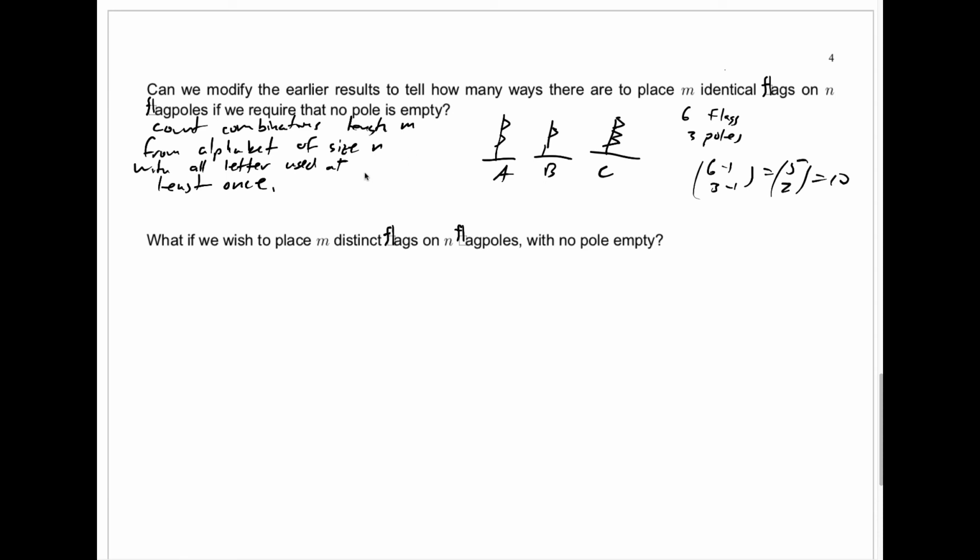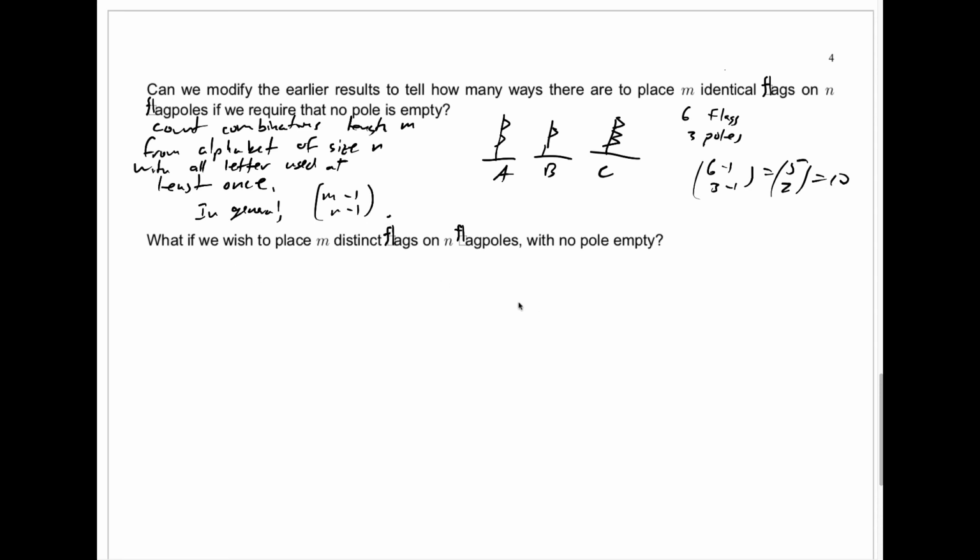How can we do this in general? To answer this question on the left, it's like counting these combinations. The answer is just m minus 1 choose n minus 1. Again, just by standard problem 5 or the other standard problem, which gives the same result.